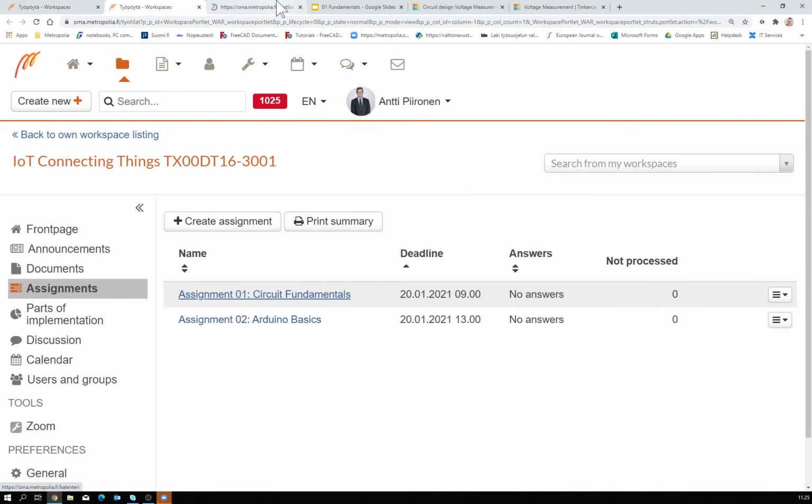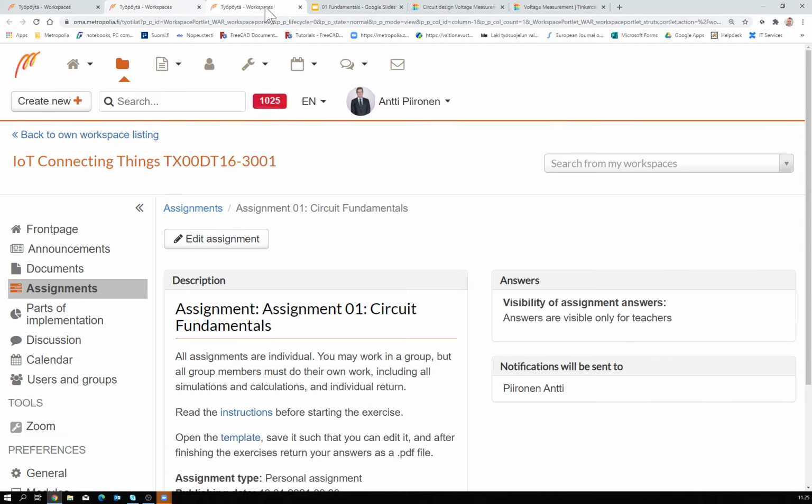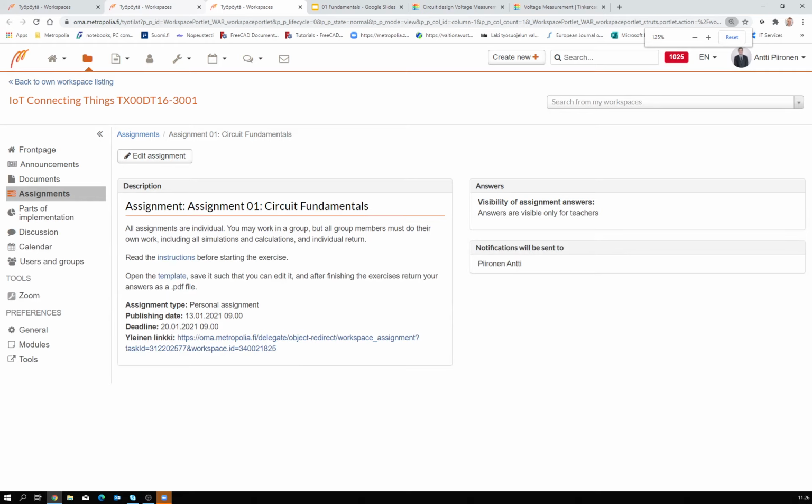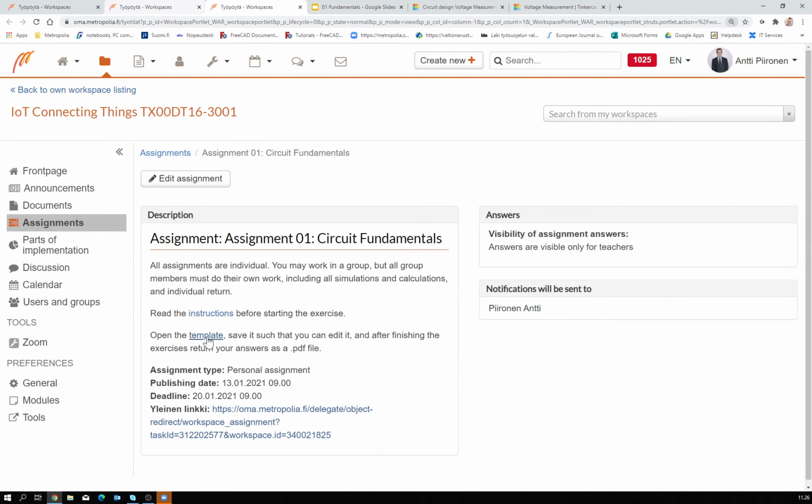Assignment 1. Read the instructions and then open this template.